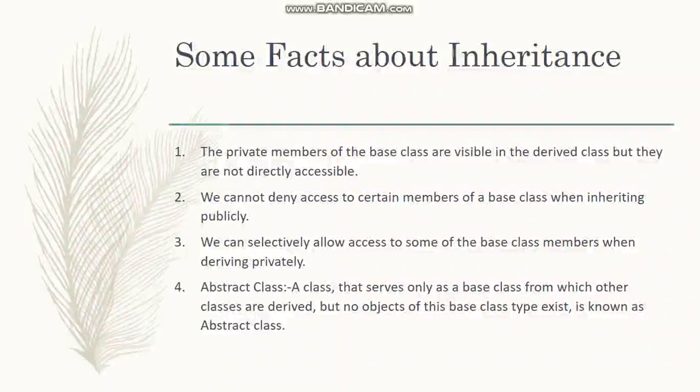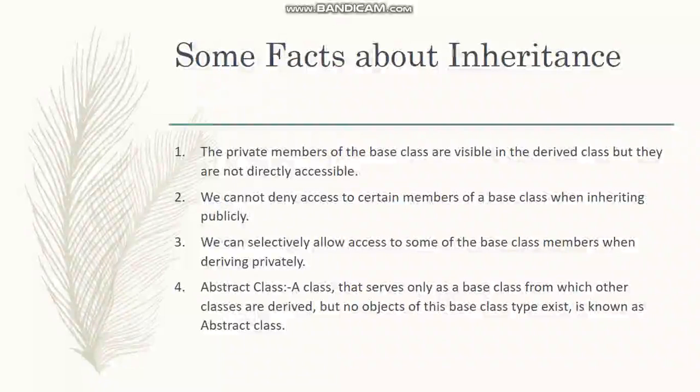This says that when we publicly inherit the base class into the derived class, all the member functions and the data members of the base class are accessible to the derived class. If we do not want some functions to be used, even then they will be accessible in the derived class.